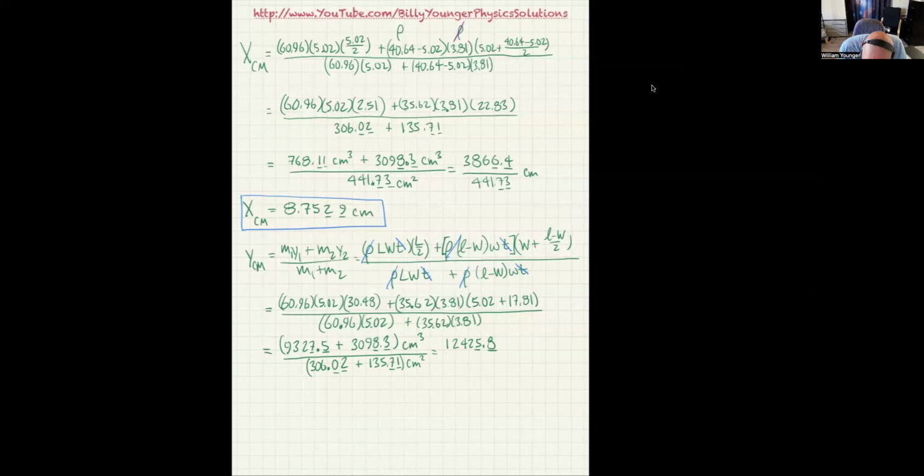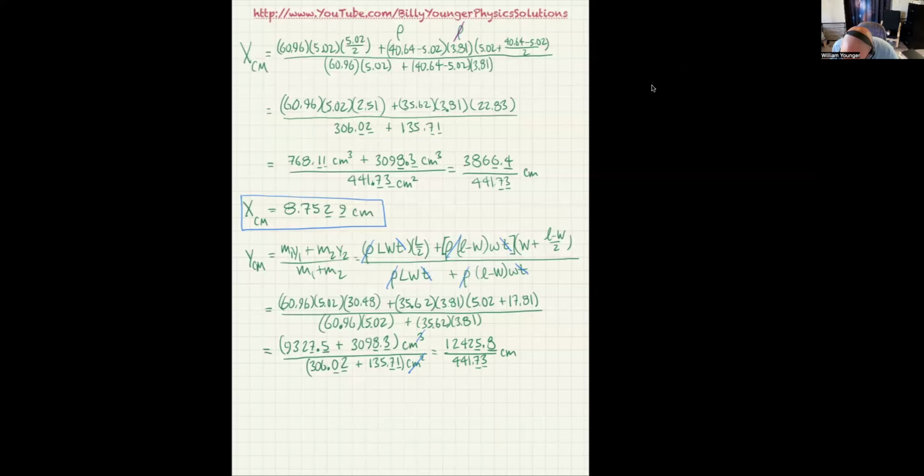So that's what my numerator is. And now 306.02 plus 135.71, that's only good to the nearest whole number. So that's 441.73. And the 7 and the 3 are not sig figs. And the total answer, since the centimeters squared cancel out, leaving just a centimeter on top, should be that.